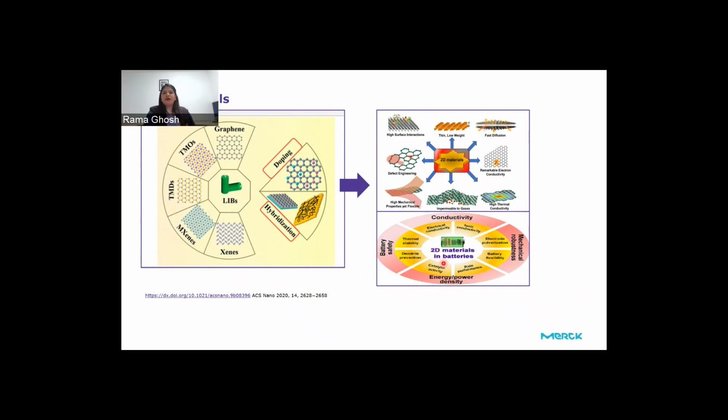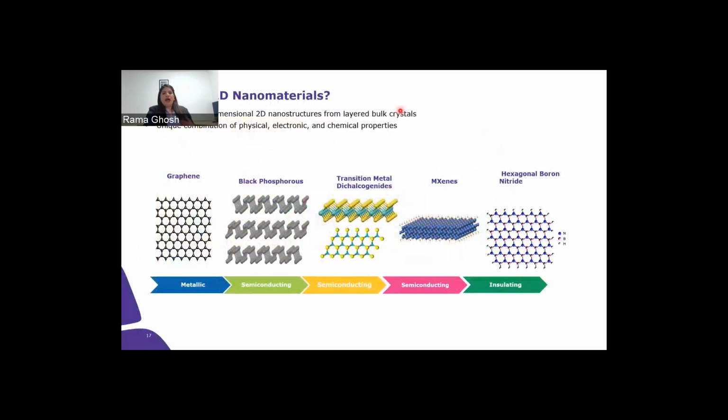So that is one reason these 2D materials are being used widely for all kinds of battery components right now. Now I would like to give you a little idea of what 2D materials are. As you all know, it's a lower dimensional material, and it is generally isolated from bulk crystals, and along with the physicochemical structures, it has electronic properties.